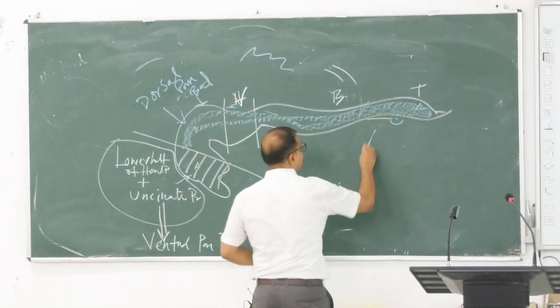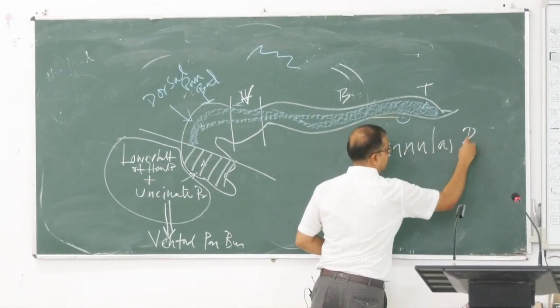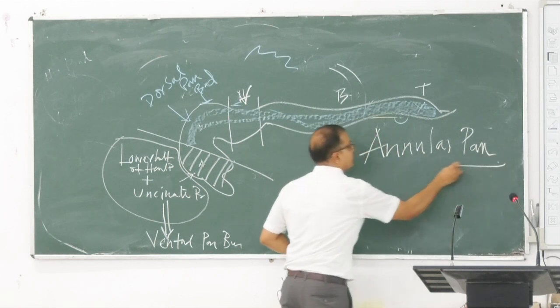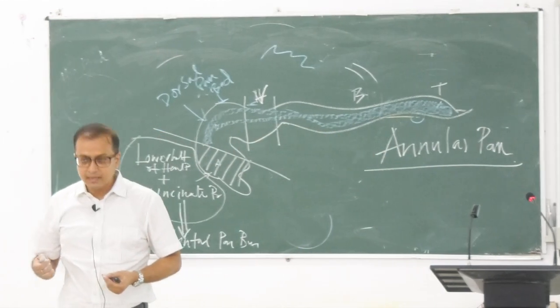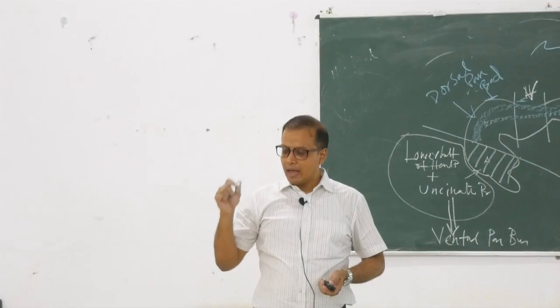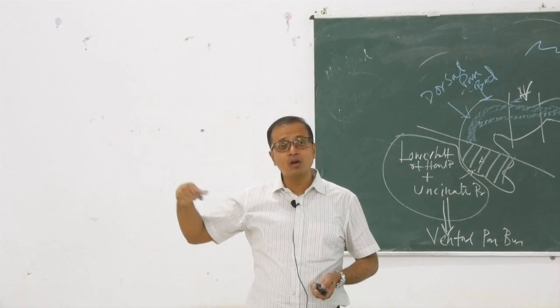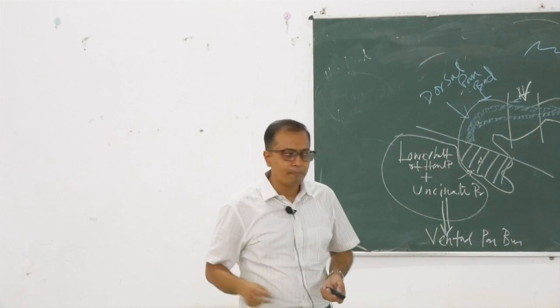So we have a developmental error which is commonly tested in examinations. We call it annular pancreas. Now, annular pancreas is given as a short note, and we have to understand how it happens.